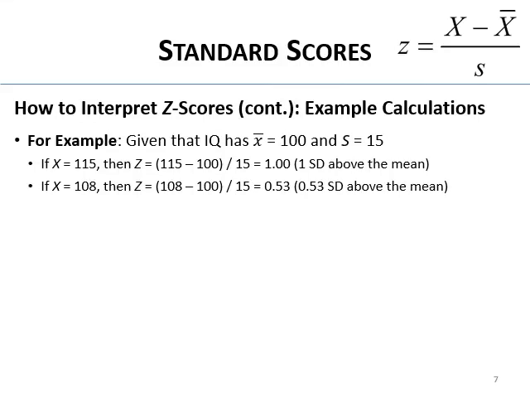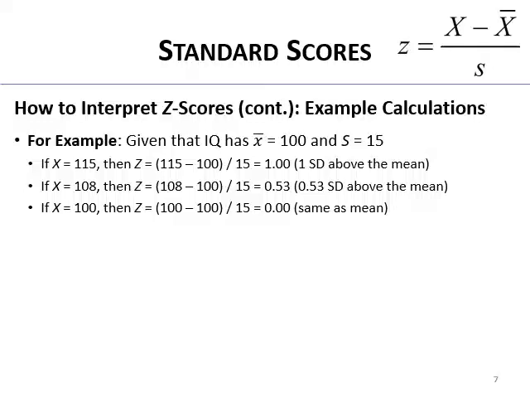What if someone got a 108? If someone got a raw score of 108, we pop it into the formula and we would get a z-score of 0.53. So it's positive, so they're still above the mean, because the mean's 100 in the raw score distribution. It's about half a standard deviation above the mean. What if someone got an IQ score of exactly 100?